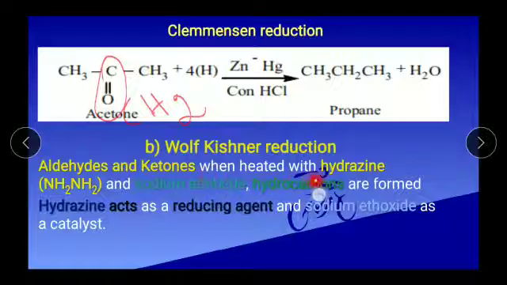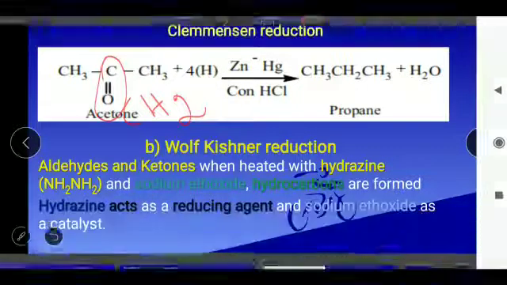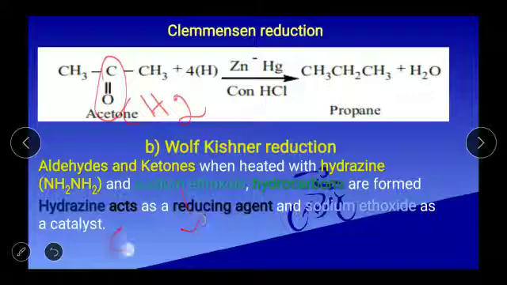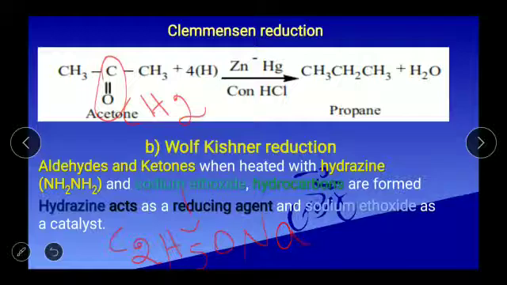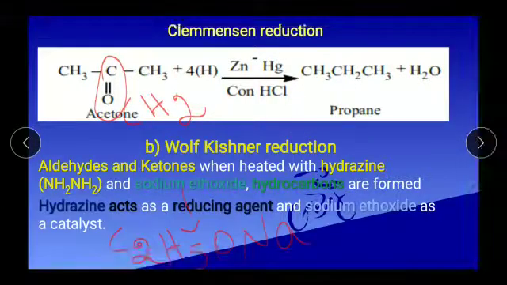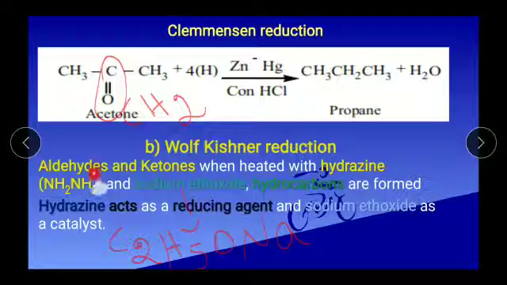When they are heated with hydrazine, NH2NH2, and sodium ethoxide, C2H5ONa, they give hydrocarbons.